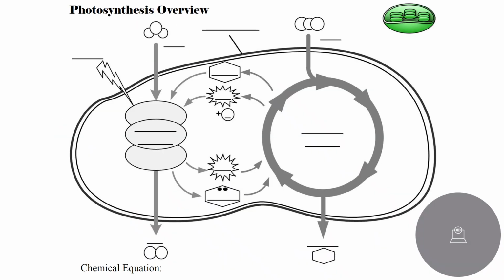In order to understand the details of photosynthesis, we need to know the big picture first. So, photosynthesis overview. We know it occurs at the chloroplast. Always, always, always think in terms of the reactants and the flow of electrons.